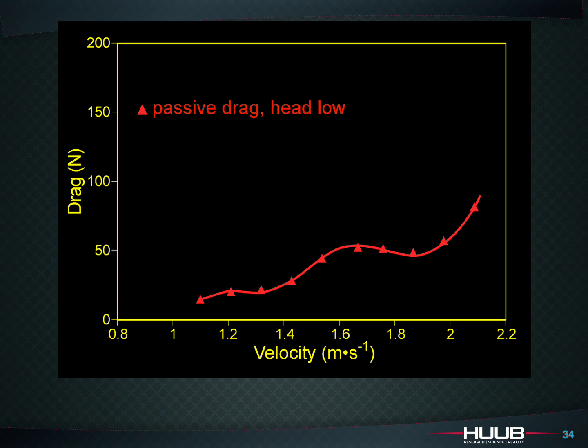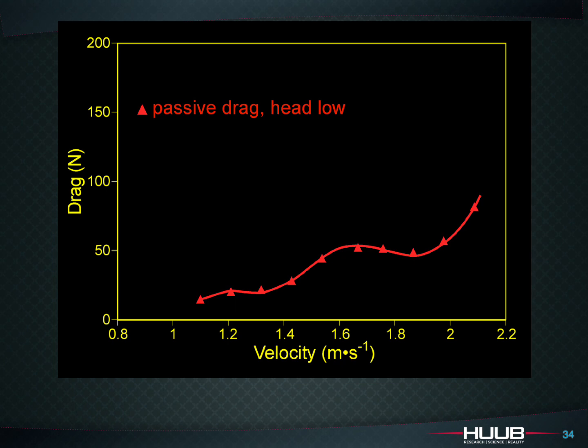And what you see here is, again, humps and hollows, depending on the velocity of the water, because this was in a swimming flume, so there was no towing in the sense of dragging the swimmer along the water, but the water speed was increased and the drag was measured by a force transducer.